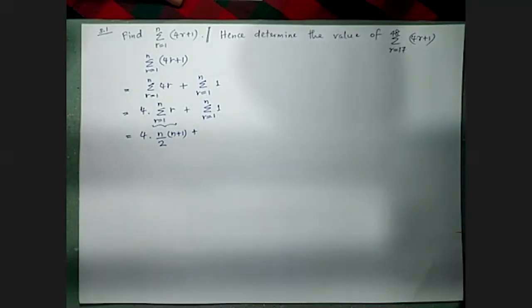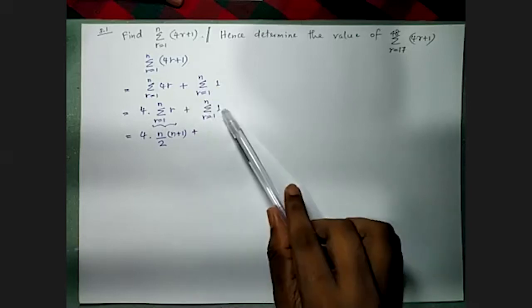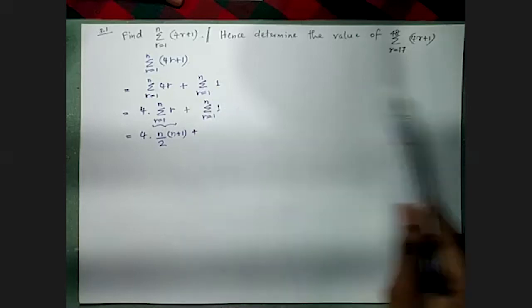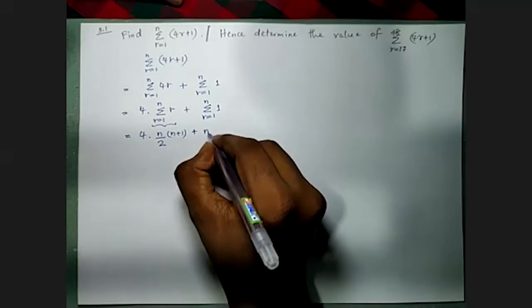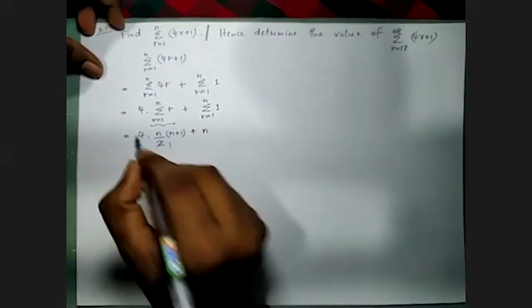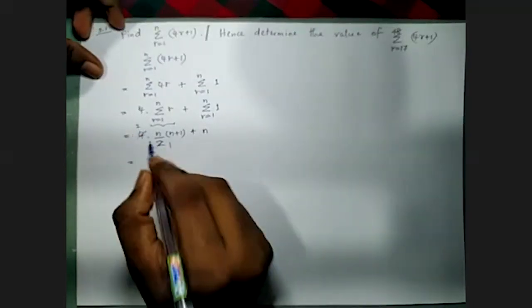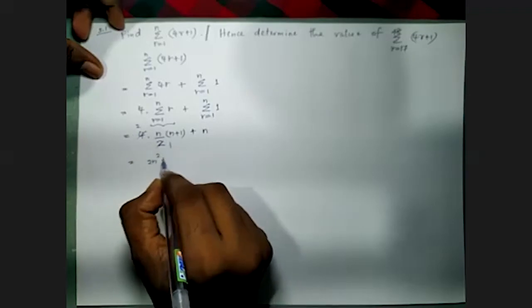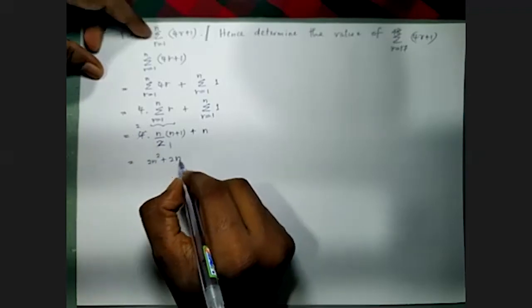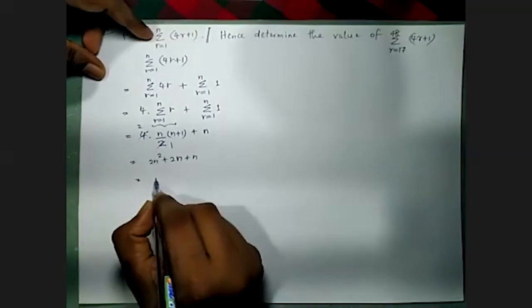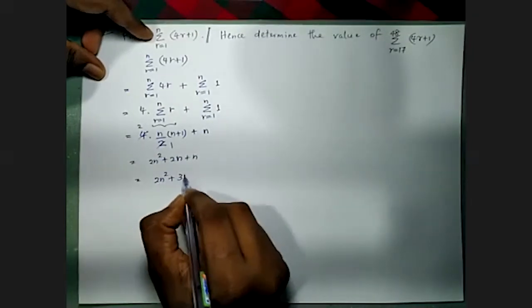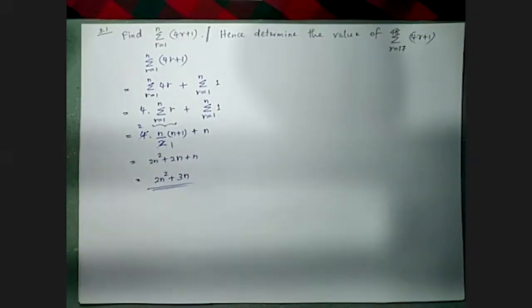From 1 to n we have n ones. Now simplify. 2 times n by 2 gives n square plus n, so 2n square plus 2n plus n. The answer is 2n square plus 3n.